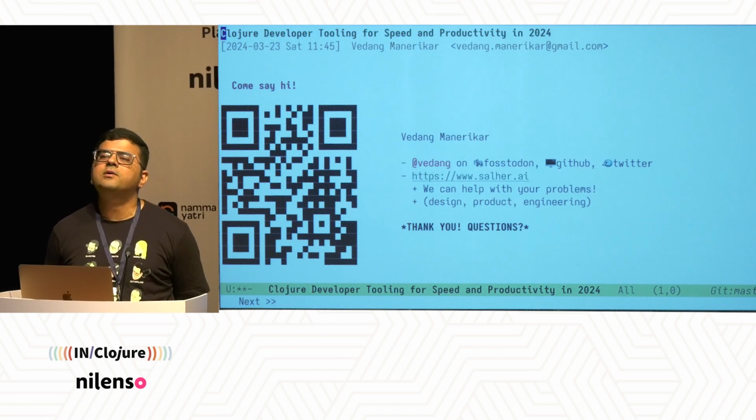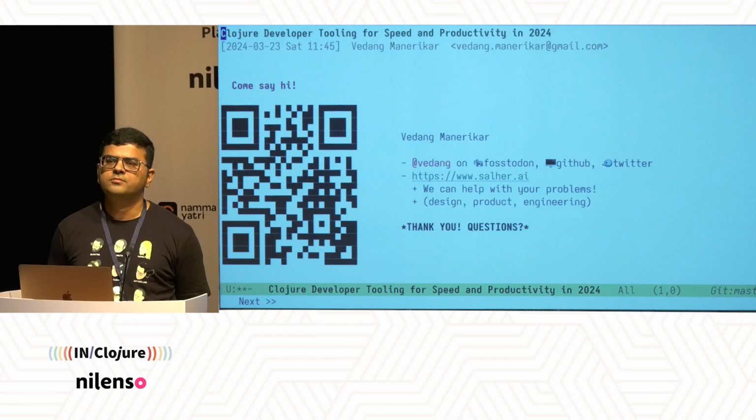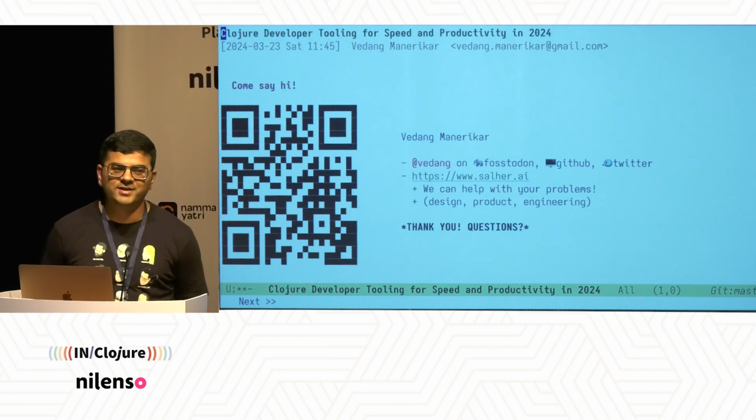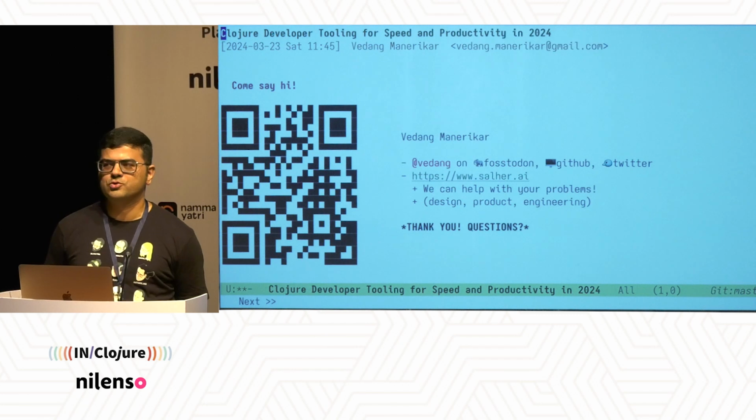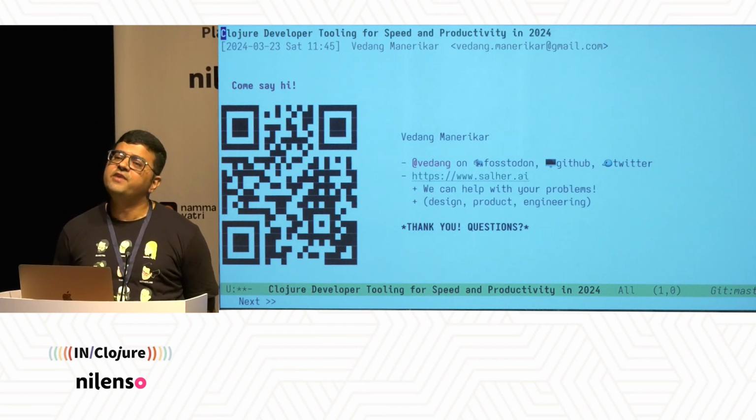Anything, anyone? Yeah. I don't know if this is correct, but I think part of developer productivity is to write code that runs faster. Do you have any suggestions for that? For Clojure? I have a concrete suggestion. There is a blog called Clojure Goes Fast, which is very, very good.